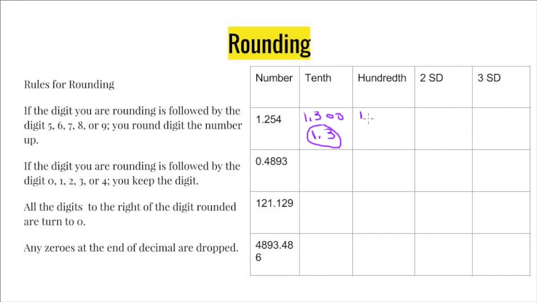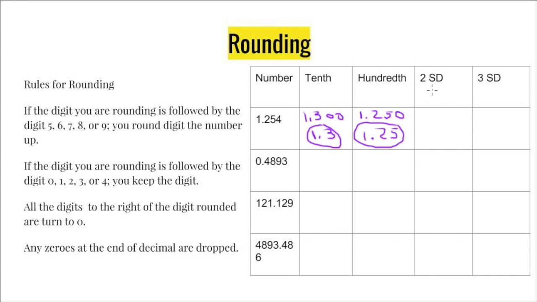So our number will be 1, 2, 5. But that 4 becomes a 0 according to our rules. And then finally, according to our rules, all zeros at the end of a decimal are simply dropped. So we can say that 1.254 rounded to the nearest hundredth is 1.25.